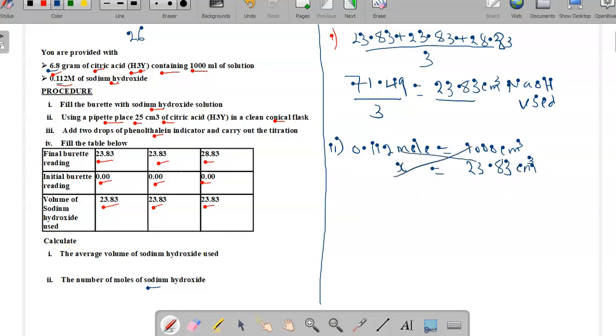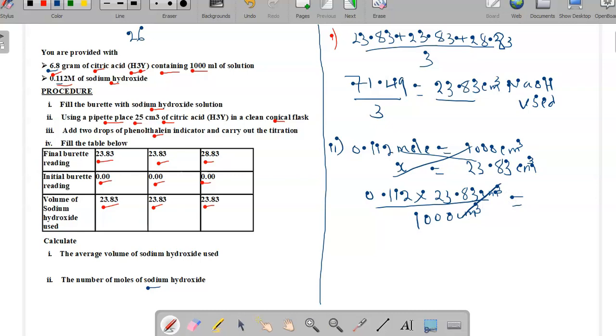Then we do cross multiplication. Then we get 0.112 multiplied by 23.83 centimeter cubed all over 1000 centimeter cubed. So centimeter cubed and centimeter cubed cancel each other.